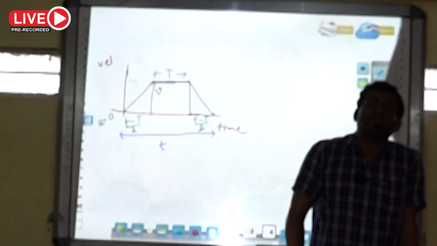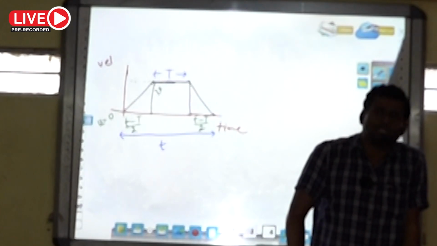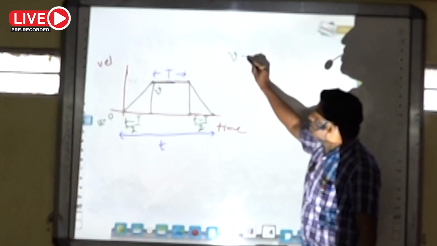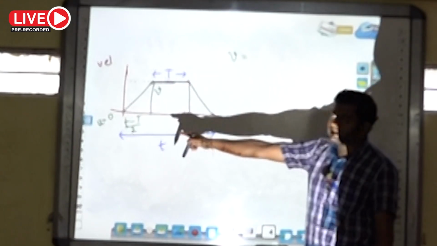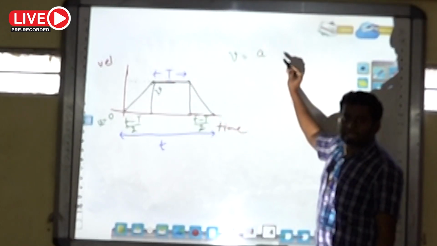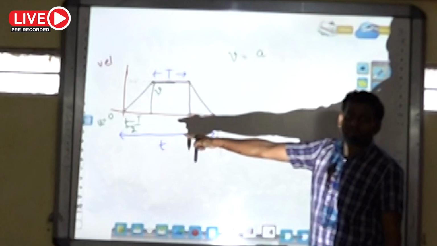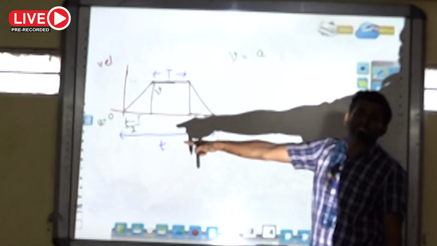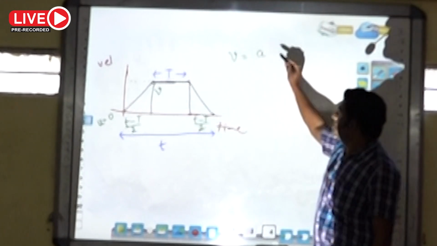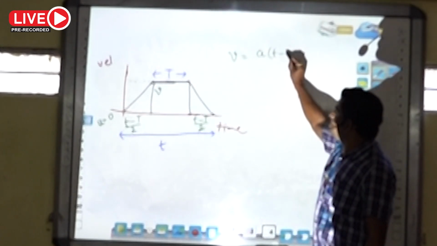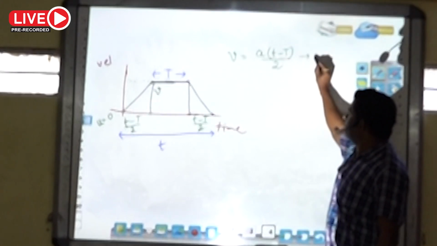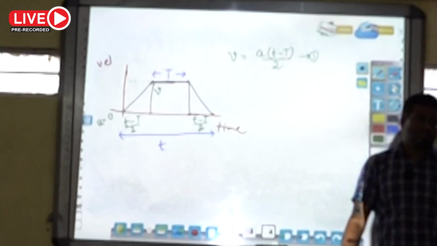So I can write v equal to u plus at for this part. Using the equation, v is the final velocity, initial velocity is 0, a is acceleration, and t is (small t minus capital T) by 2, the time taken for acceleration. This is my first equation that I derived.